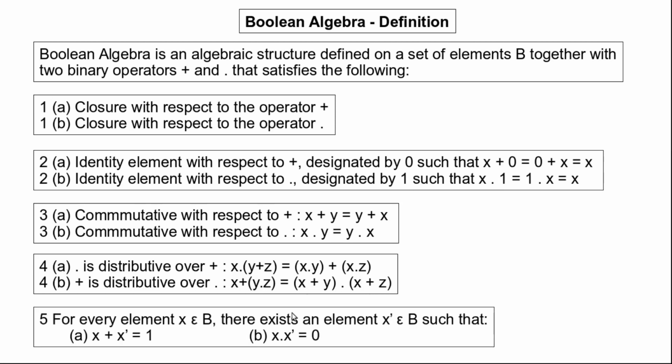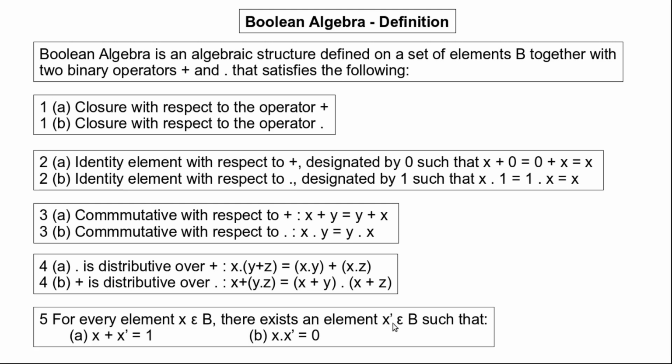The fifth condition is that for every element x belonging to B, there should exist an element x prime which belongs to B, such that x plus x prime will result in 1. 1 was the identity element with respect to dot, and x dot x prime should result in 0, where 0 was the identity element with respect to plus.